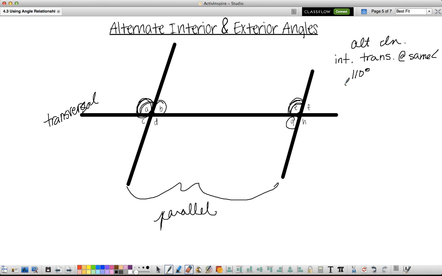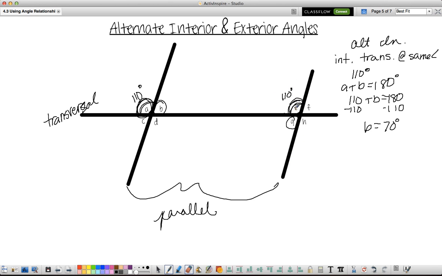I know A plus B has to give me 180, so 110 plus B has to give me 180. I subtract 110 from both sides, and I get B is equal to 70 degrees. Since they intersect the transversal at the same angle, if A is 110, then E has to be 110 degrees.